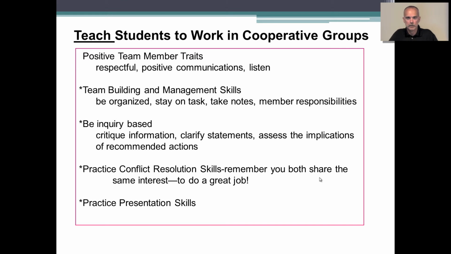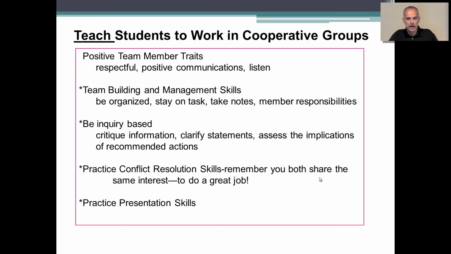For example, I tell them they'll need data sheets before they go out in the field. Many of them have never developed a data sheet for collecting data. So we show them some examples of what a data sheet looks like and how data sheets help people stay organized in collecting data.